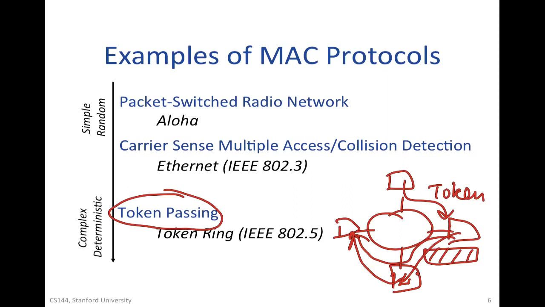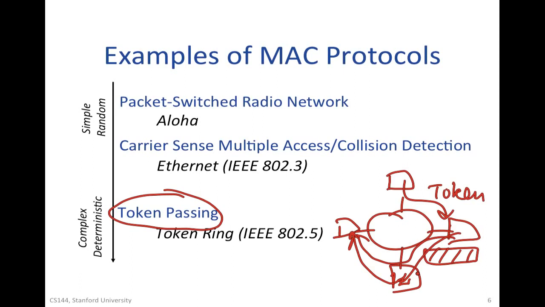And it turns out that there are lots of ways in which this mechanism can fail. The token can get lost, or the token can get duplicated. And so these have generally fallen out of favor and been replaced by the simpler Ethernet mechanism, in which every host just basically randomly sends, but we'll see how that's controlled using this CSMA/CD mechanism in a moment.